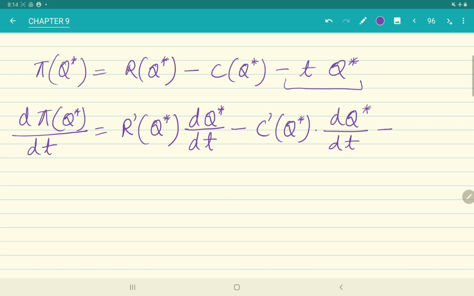So first function into derivative of the second, so it's dq star by dt, plus second function into derivative of the first. So it's just q star.